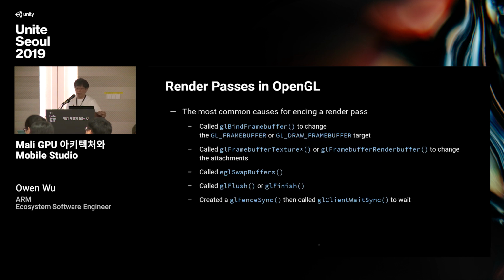So here I list the most common calls for ending a render pass. Whenever you call those APIs, the driver will end the current render pass immediately and submit it to the GPU.